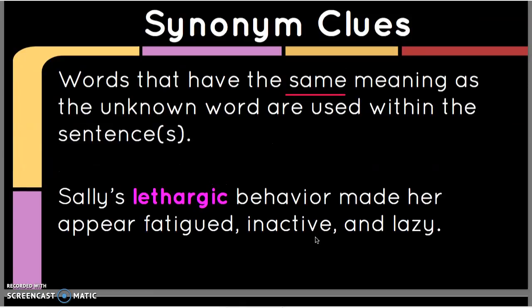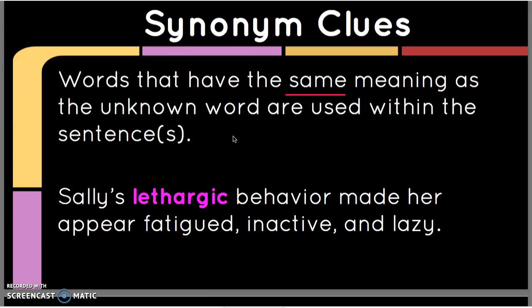The third type of context clue, synonym clues. Synonym clues are words that have the same meaning as the unknown word and are used within the sentence or sentences.